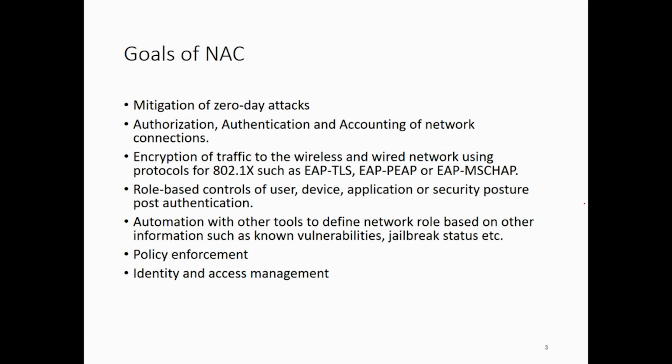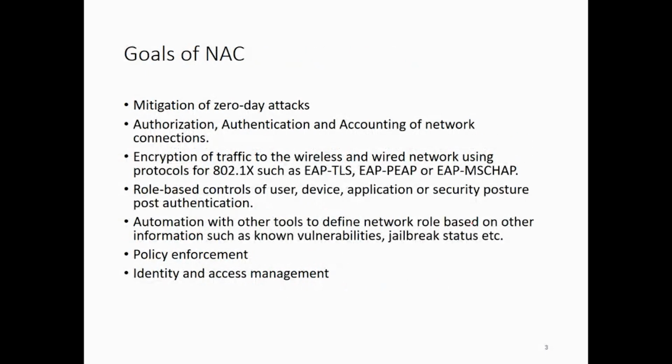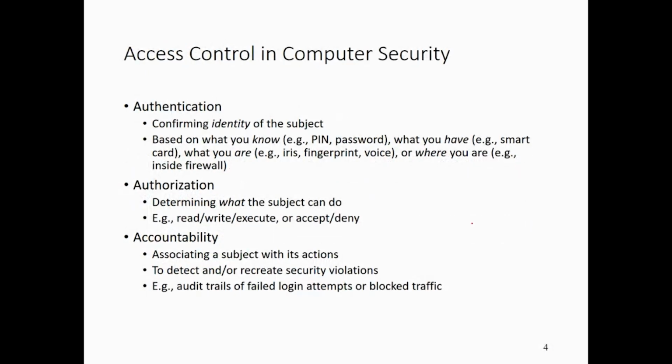In a bit, in the second and third slides, we will see the main definitions of authentication and authorization, so why not do it now before continuing the goals. So what's the difference between authentication, authorization, and accounting? Authentication is mainly to let the network know who is accessing the network.